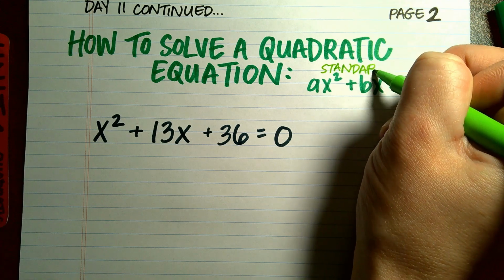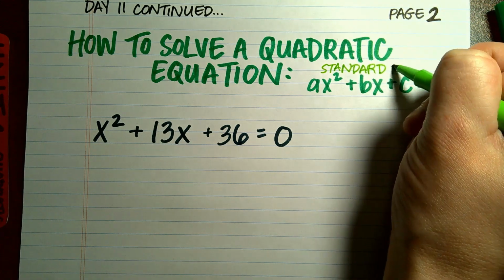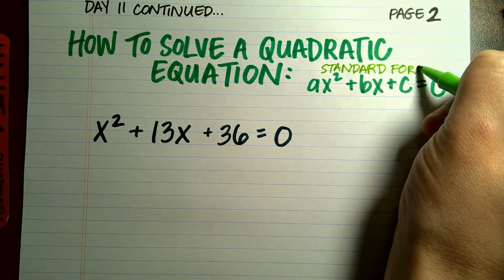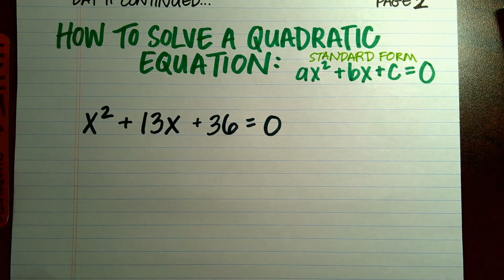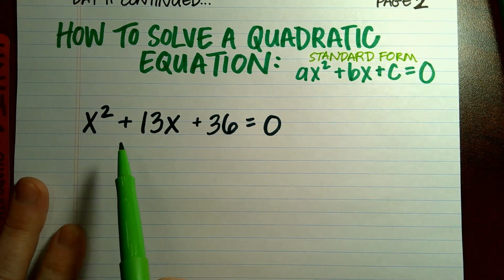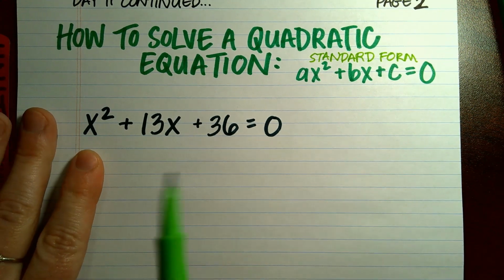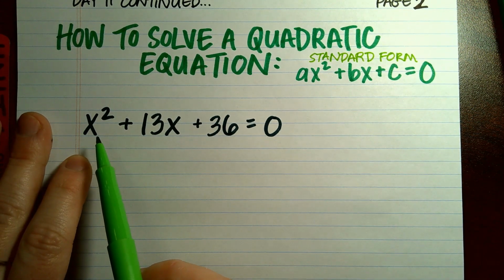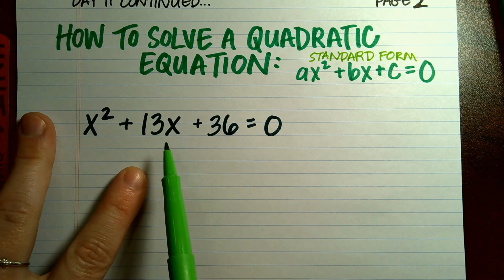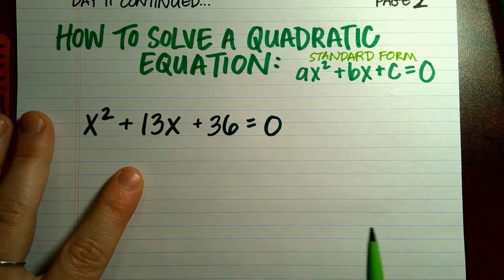But I'm just telling you, if you're curious, this is standard form. So when we are trying to solve a quadratic equation, we can see here that we've got some weird things going on. I've got x squared and I've got an x.